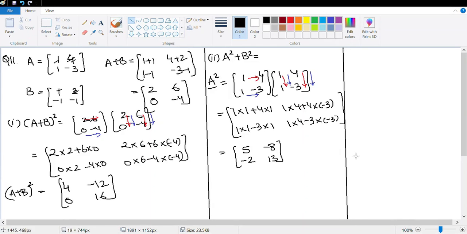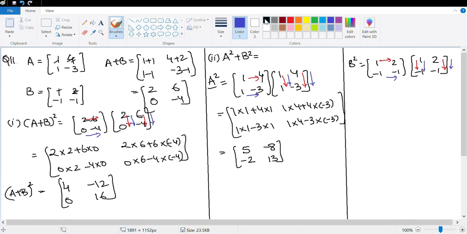Similarly, let me calculate B square. B square will be equal to [1, 2, negative 1, negative 1] multiplied with [1, 2, negative 1, negative 1]. Here again row 1 with column 1, then with column 2. Similarly, row 2 first with column 1 and then with column 2.